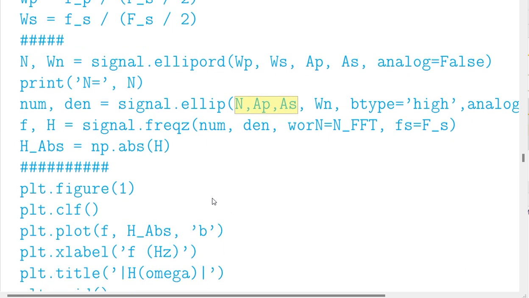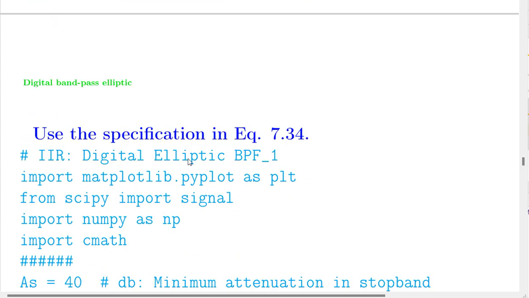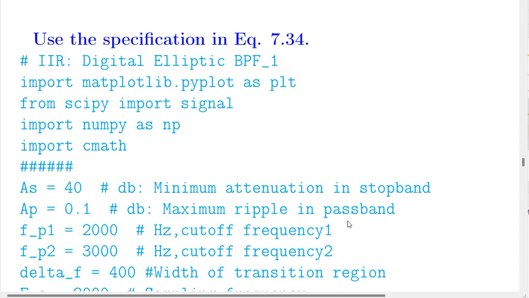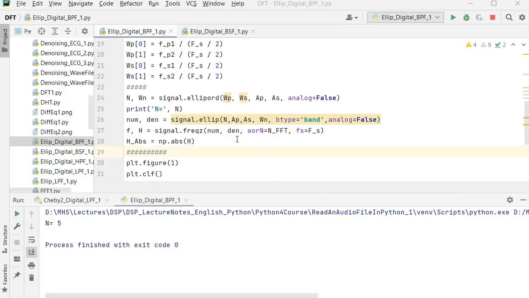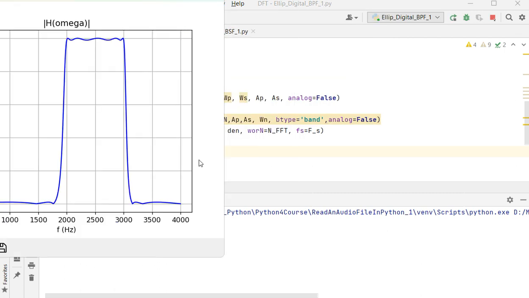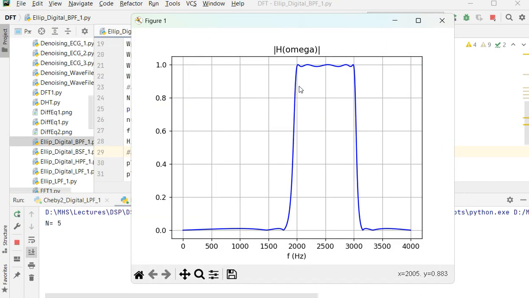So you may compare the coding between them, but I will run the band pass filter, just I need to provide everything. Okay, let's run band pass filter, elliptic. All right. Band pass filter having ripple in passband and stop bands.